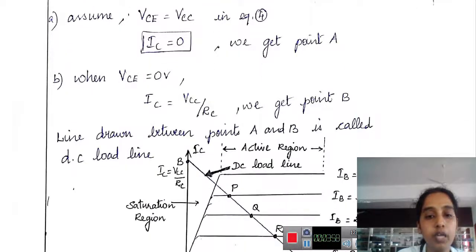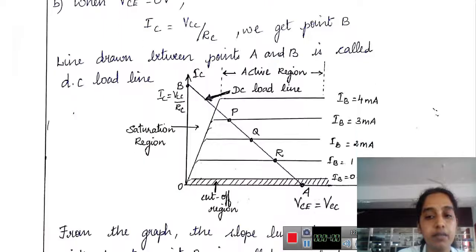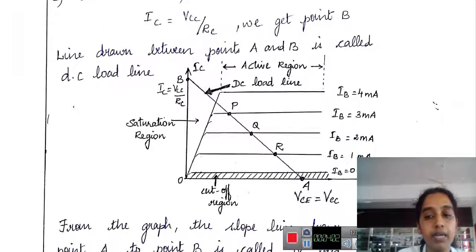When we draw the output characteristics, on the x-axis we have collector to emitter voltage and on the y-axis we have collector current. Point A is where VCE equal to VCC, and point B is where IC is equal to VCC by RC. When I mark the points A and B and draw a straight line, that forms the DC load line.